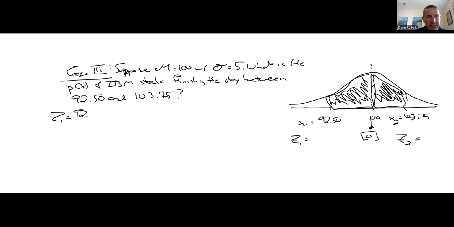Remember, this is the formula: z equals x minus mu over sigma. So 92.50 minus 100 divided by 5. That's negative 7.5 divided by 5, which equals negative 1.5.